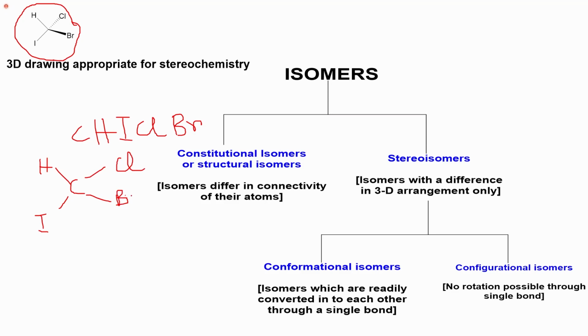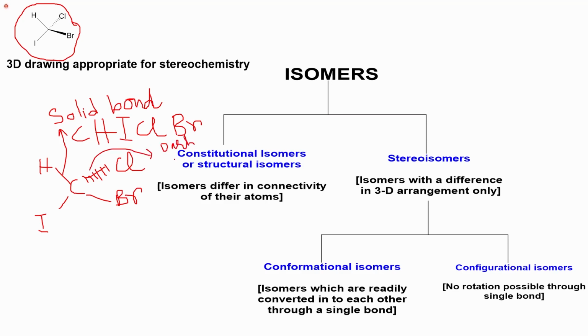Now if you want to draw it in a 3D manner, what do we have to do? Either chlorine will be below, not with a solid bond but with a dash bond. This is called a solid bond, and this is called a dash bond.